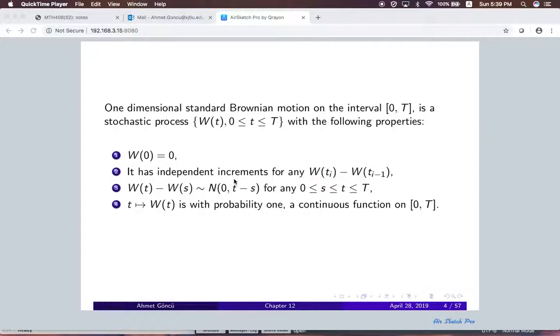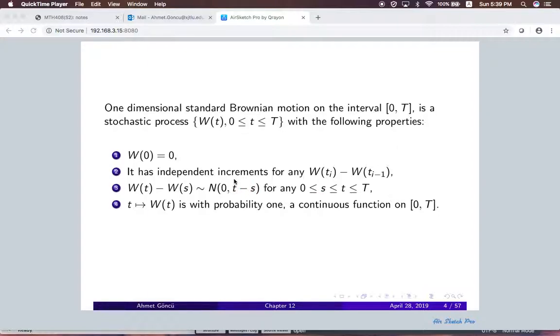We have the independent increments property. We have the normality of the Brownian motion increments. So W_t minus W_s is normally distributed with mean 0, and the variance is the difference in time, t minus s.